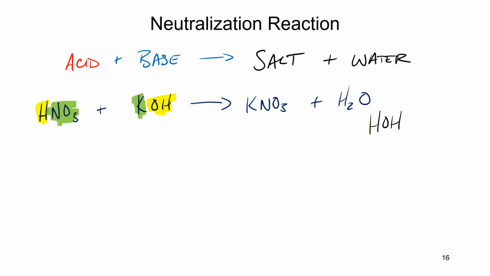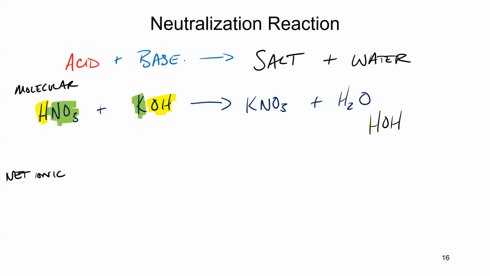If we were going to go one step further and we were going to write a net ionic equation, so this would be the molecular. Right? We talked on Friday about net ionic equations. Well, NO3 minus, that's always soluble.